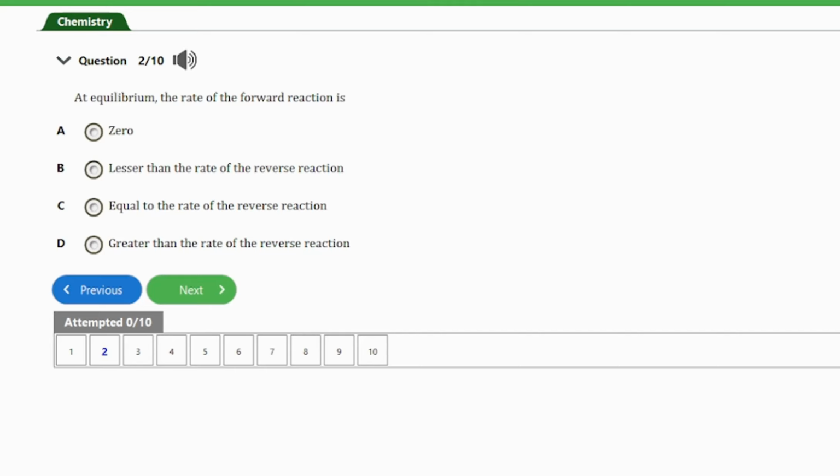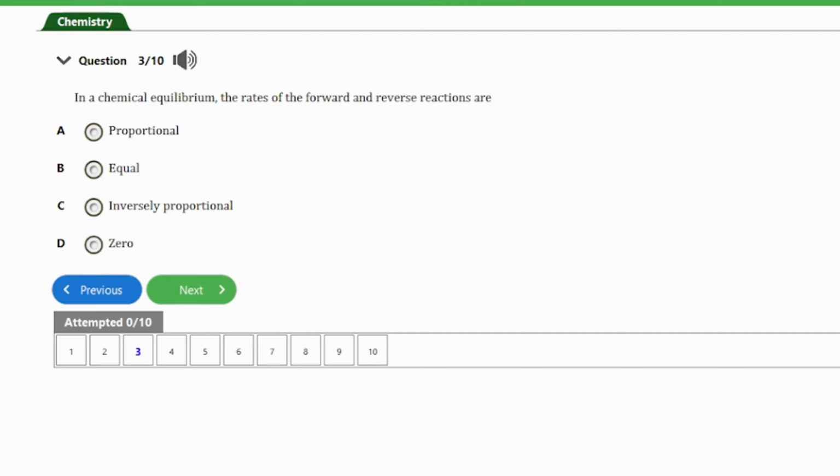That means there is no net difference in the rates of the forward and reverse reaction. So the forward reaction is equal to the reverse reaction. In this situation, that's when equilibrium is said to be attained in a reaction. So let's consider the next question.